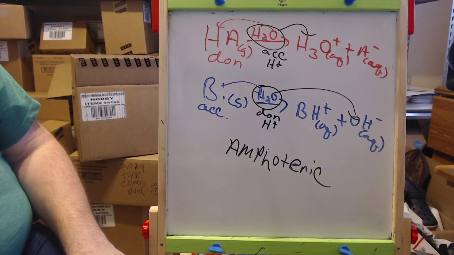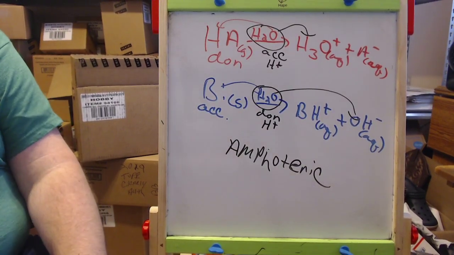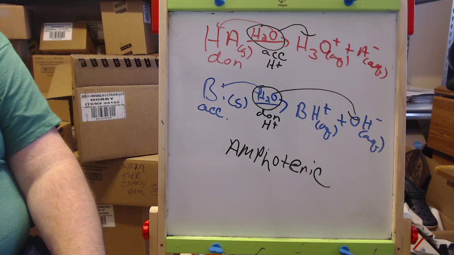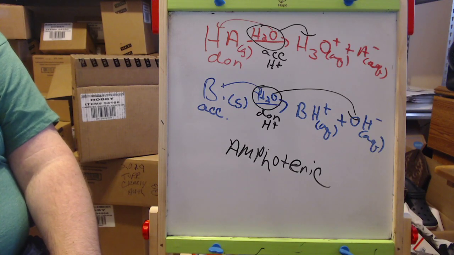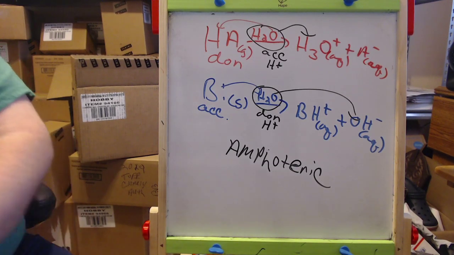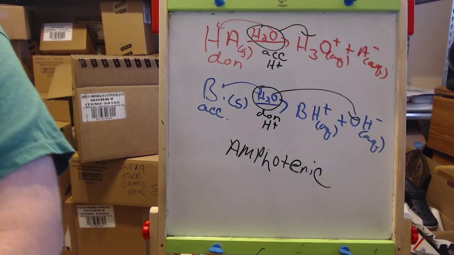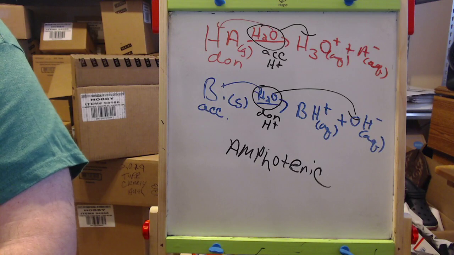Amphoteric means I can act like an acid or a base, depending on the situation I'm placed in.